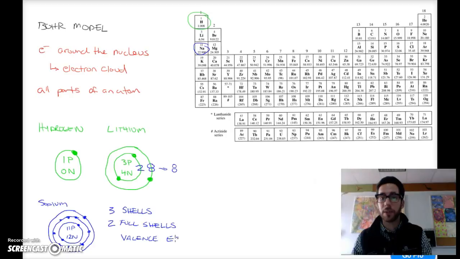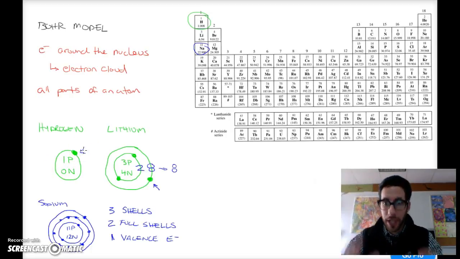And valence means outer, or the outermost portion. So how many electrons are in the outer shell? At this point we only have 1. If I were to ask you these same questions up here, lithium has 2 electron shells, one of which is full, and just 1 valence electron. Hydrogen would have 1 shell, none of which are full, with 1 valence electron.